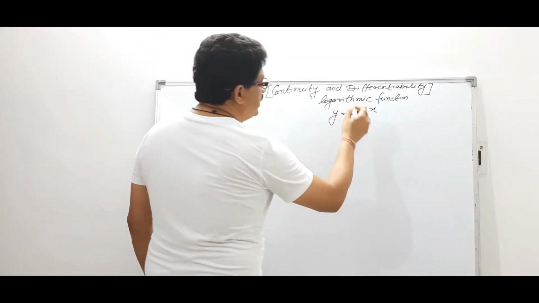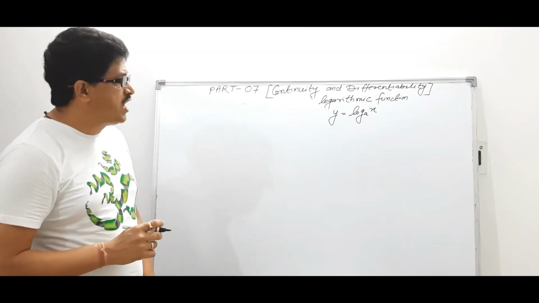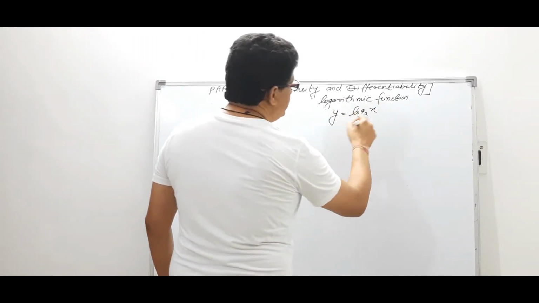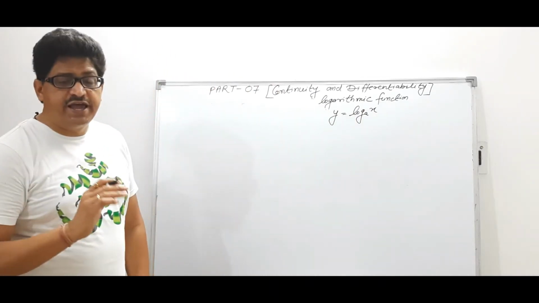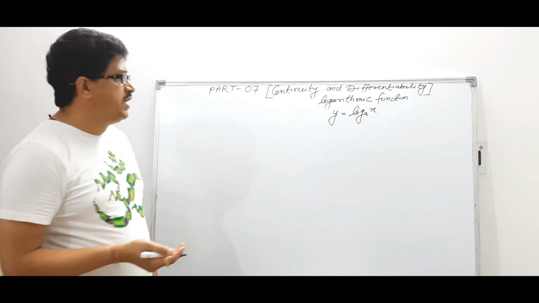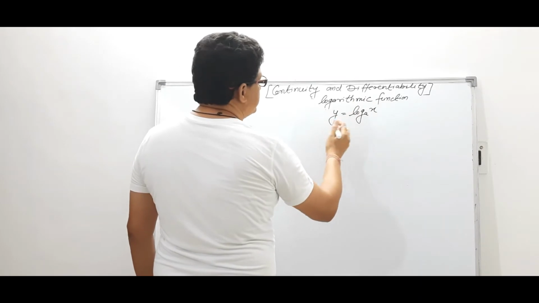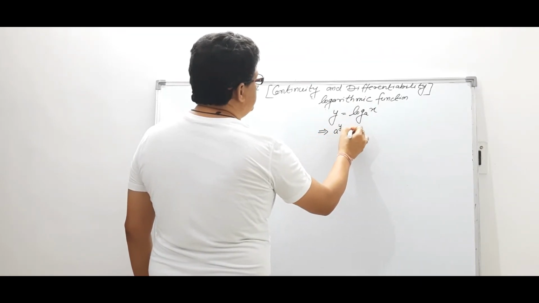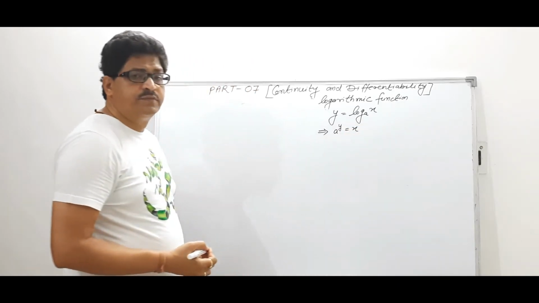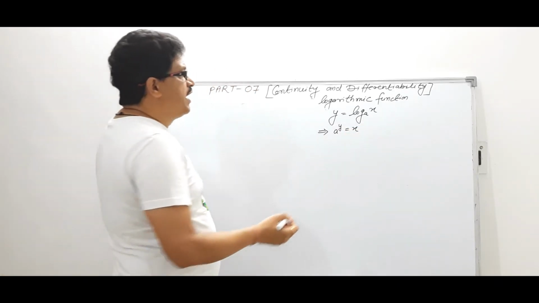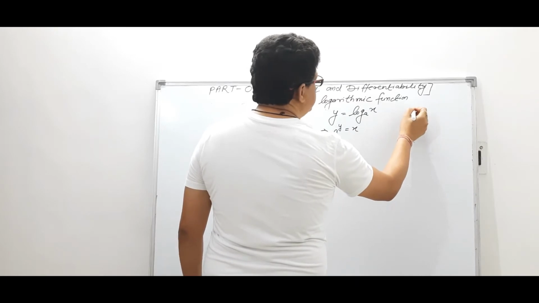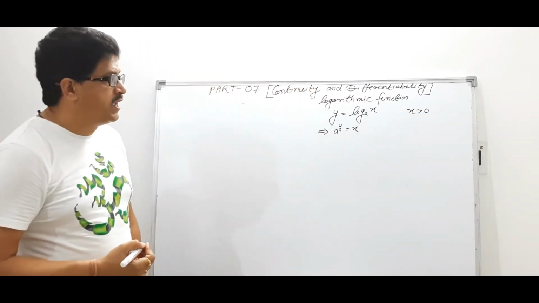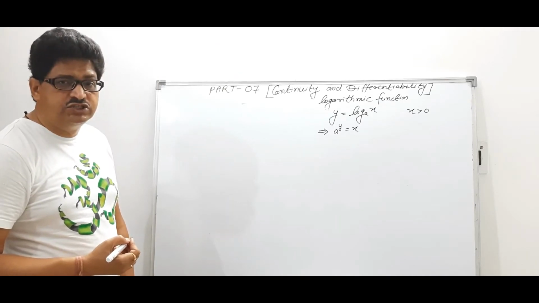And a logarithmic function we can change to an exponential function. If we convert this function into exponential, we will get a raised to y is equal to x. In this function, x is always greater than 0.